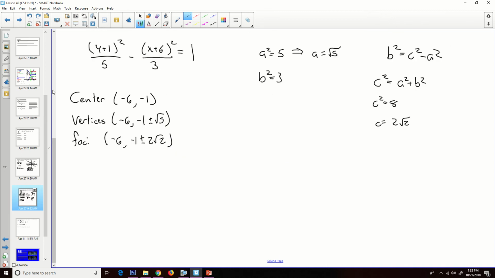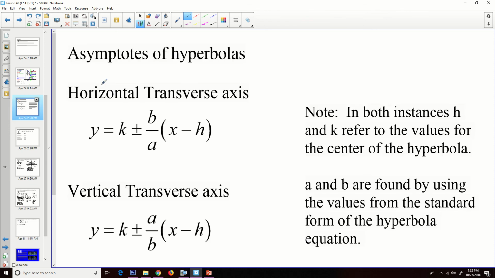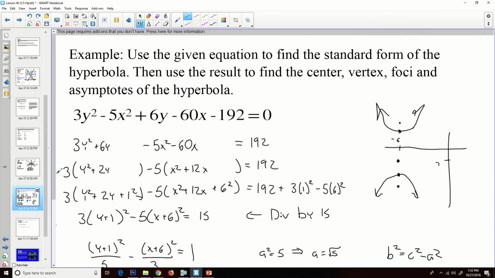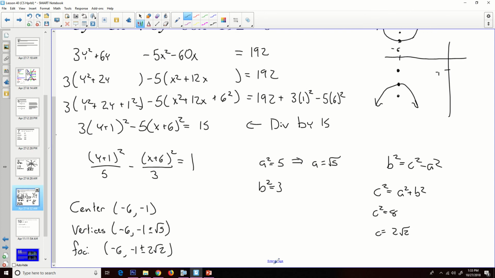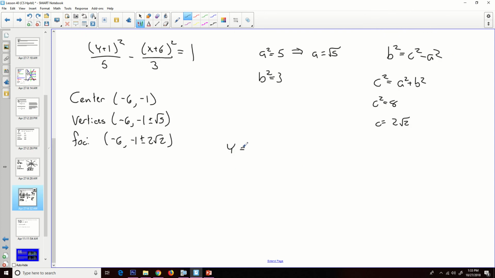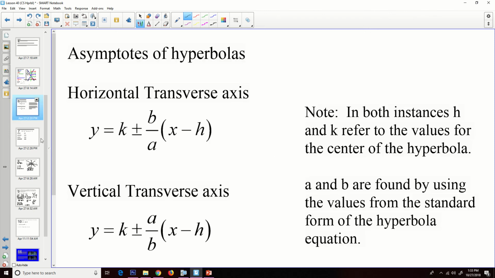Now, the asymptotes. We have a vertical transverse axis, so we have y equals k plus or minus a over b times x minus h. So we'll come down here and say y equals k plus or minus a over b times x minus h, and just check to make sure a over b, that's right.